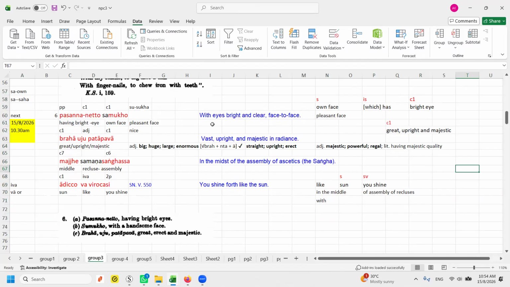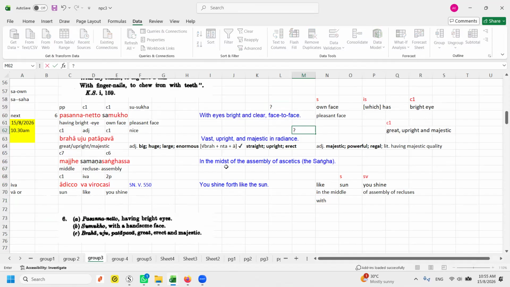Then this is okay, with a bright eye. This is another translation: with a bright eye, clear face to face. This one, clear face to face, doesn't look good to me. "Was upright and majestic in radiant": I do not see where the radiant comes from.